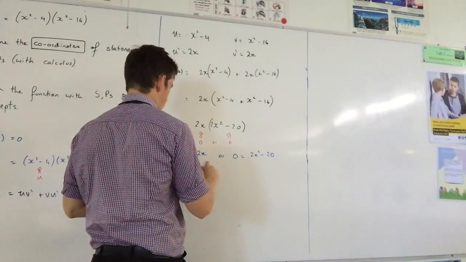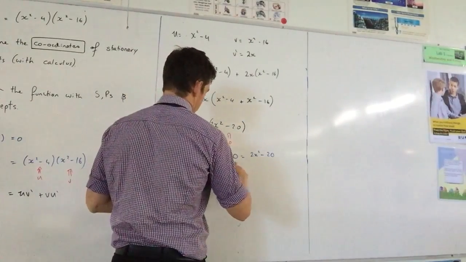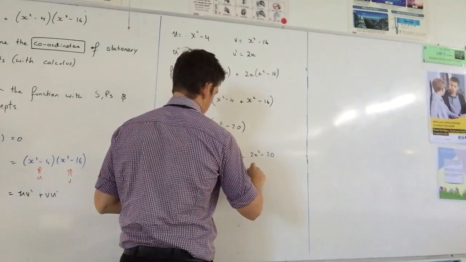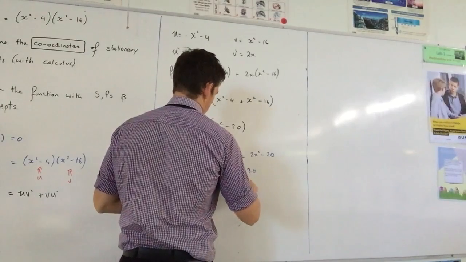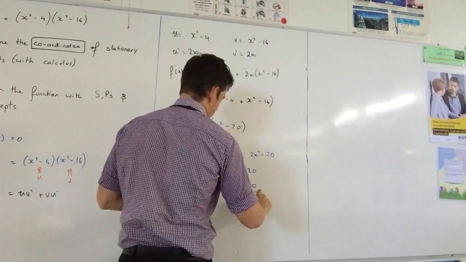So x equals 0 or 2x squared equals 20, x squared equals 10, x equals the square root of 10.